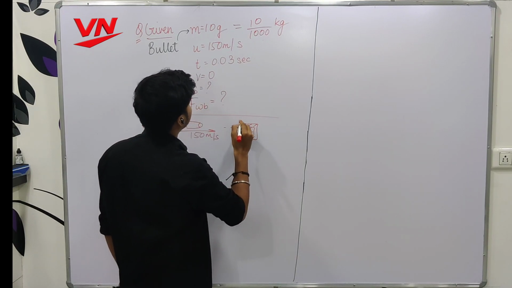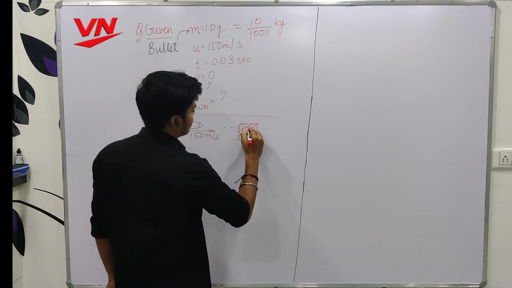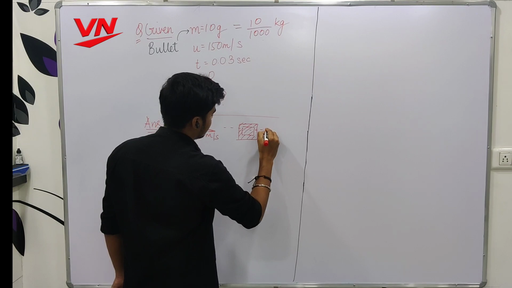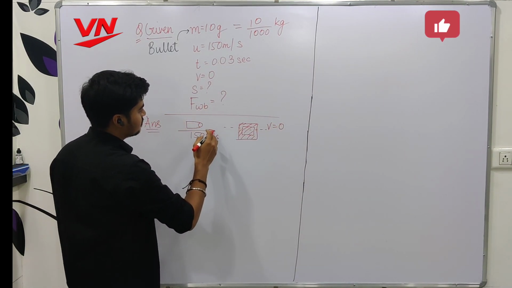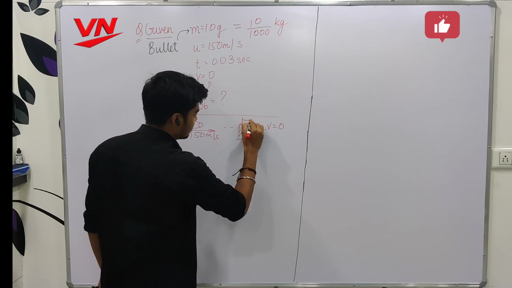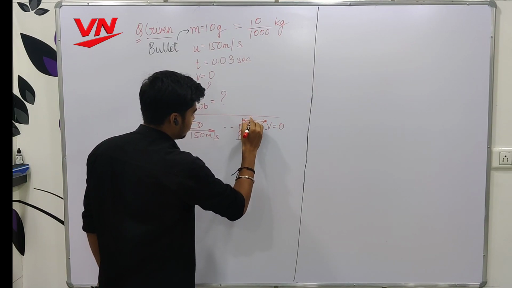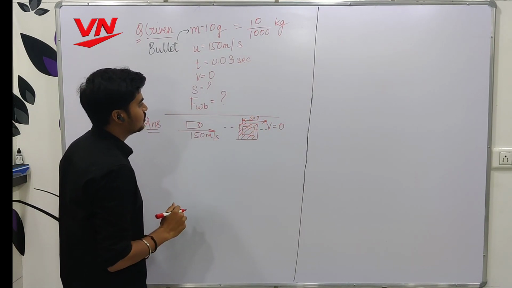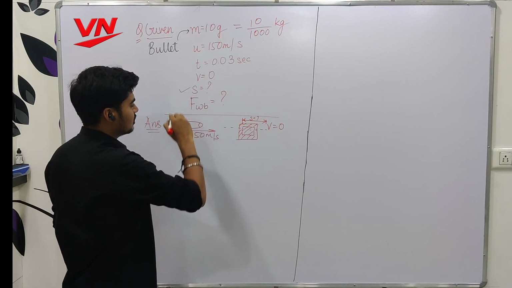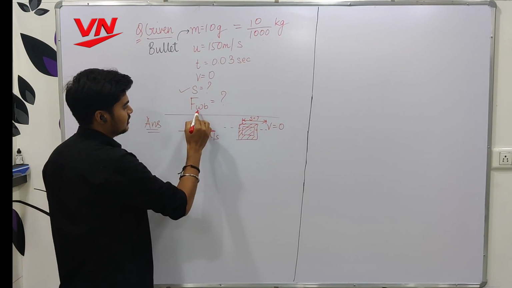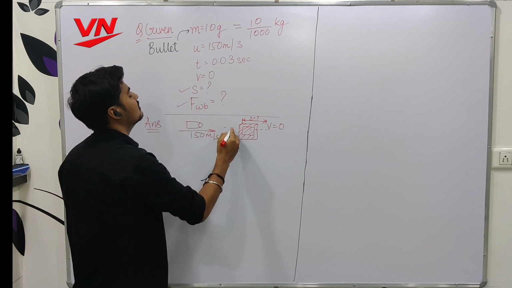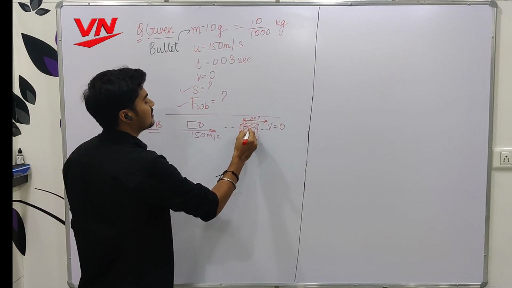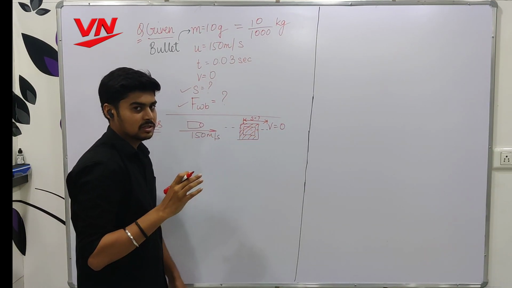When it strikes, it travels a bit and then its velocity becomes 0. So what is this distance that it has traveled after colliding with the wooden block? That we need to calculate, and the force exerted by the wooden block on the bullet. As you know, when the bullet strikes the wooden block, it will apply a force.